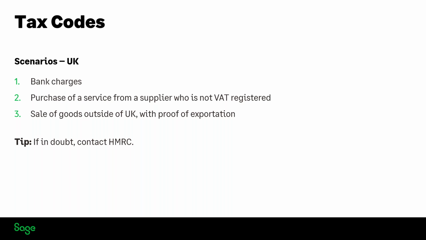So press your F12, have a go of it. For those where it hasn't worked, just open your browser, go to sage.co.uk/help, choose Sage 50 accounts, and search for which tax code. Find the article, and we'll use that in a minute to hopefully work through these scenarios. But try those scenarios, see what you come up with.